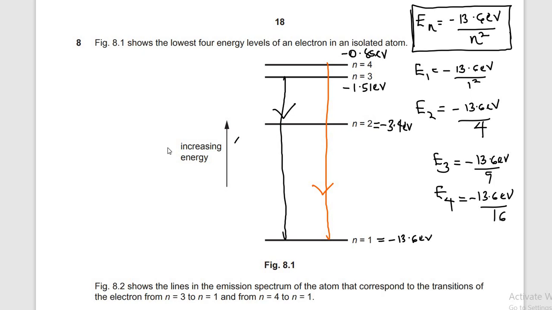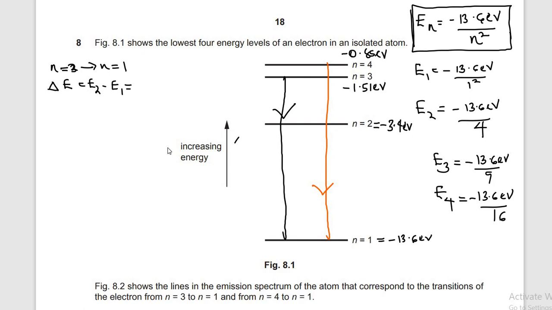Now, let me start from the beginning, n equals 2 to n equals 1. What's the change in energy level from 2 to 1? That's E2 minus E1.